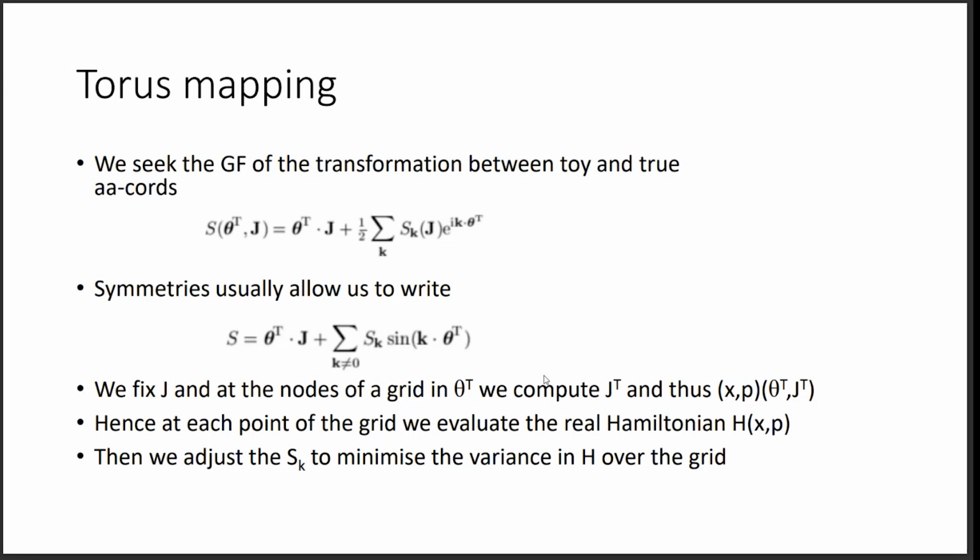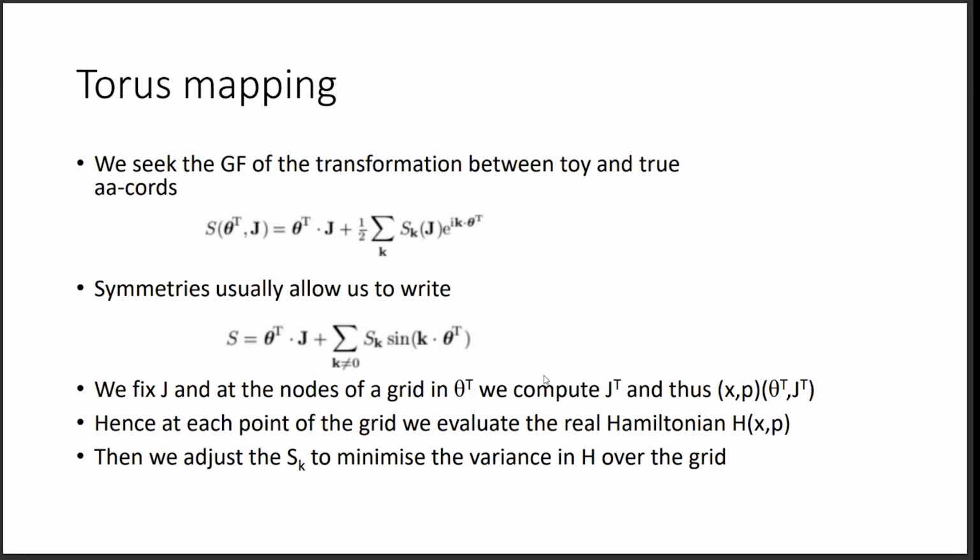J toy is equal to J plus the derivative of this with respect to theta toy, which brings down various k's and stuff. You can do the derivation. So from this, I can express J toy in terms of J and these numbers in a Fourier series, the sum of these numbers at given theta.